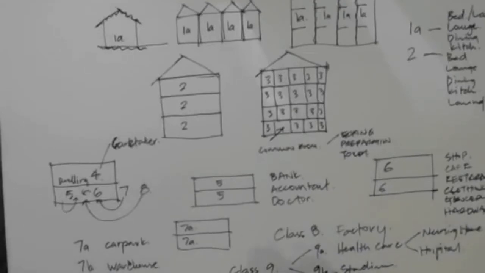A 9C is an aged care facility, and basically incorporates both elderly who need care and elderly who don't necessarily need a lot of care.